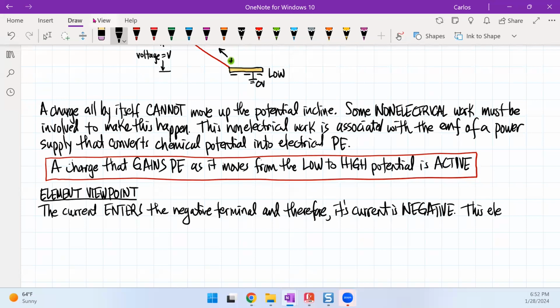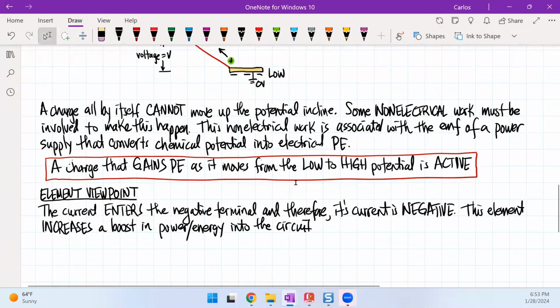This element increases a boost in power, energy into the circuit.